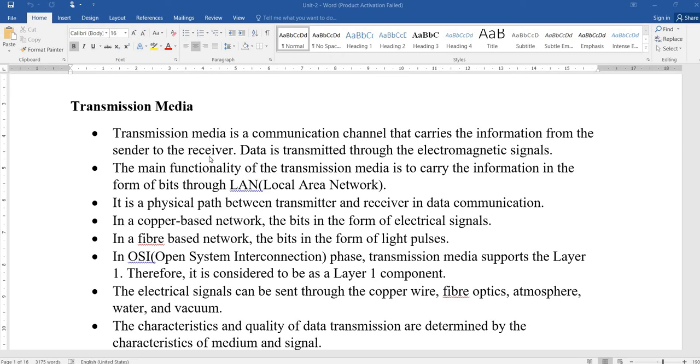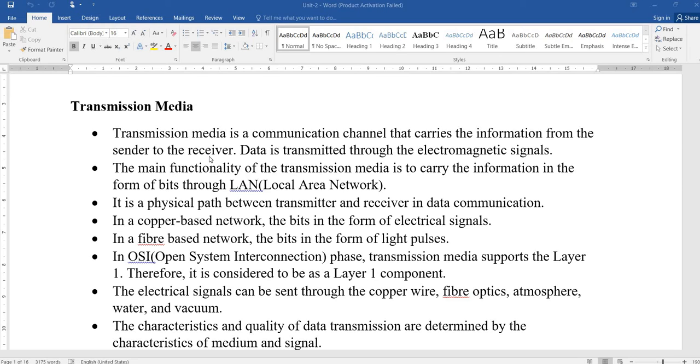In a copper based network, a bit is in the form of electrical signals. Copper can carry only electrical signals, so it converts the data bit by bit into electrical form for transmission. In a fiber based network, a bit is transferred as a light pulse, in the form of a light wave, or wavelength. Radio signals are not included here.